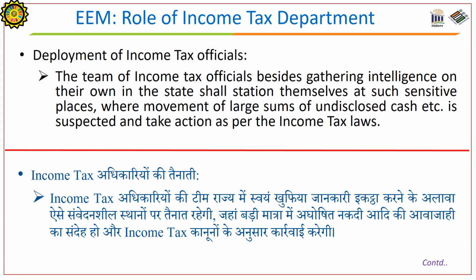The team of the income tax officials, besides gathering intelligence on their own in the state, shall station themselves at such sensitive places where movement of large sums of undisclosed cash etc. is suspected and take action as per the IT law.